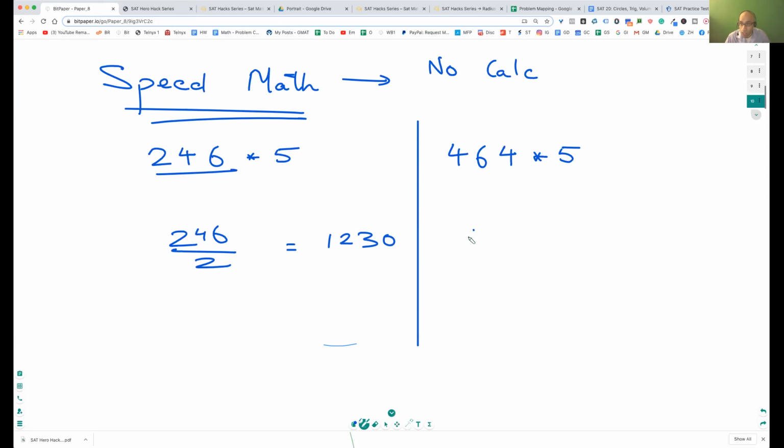Remember, you take 464, divide it by 2, and then add a 0 on top of it. Excellent. All you've got to do is take 232, add the 0, and boom, you've got it. That's how easy it is.